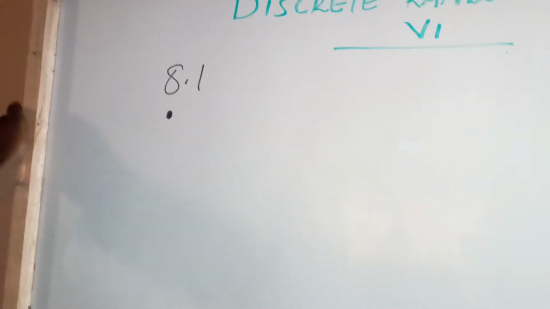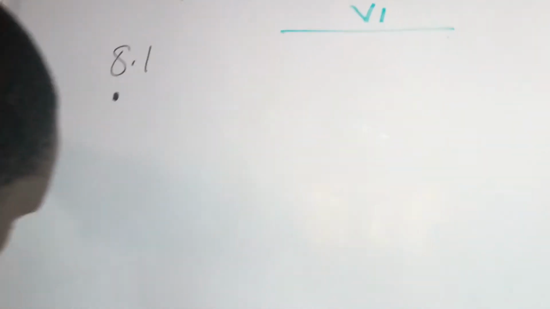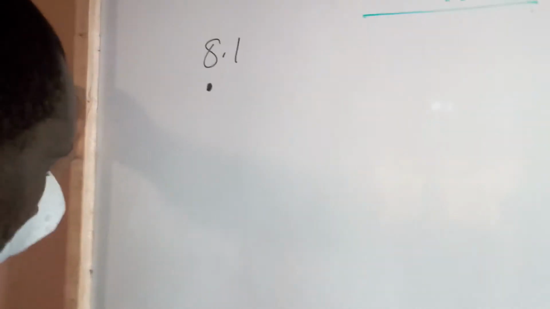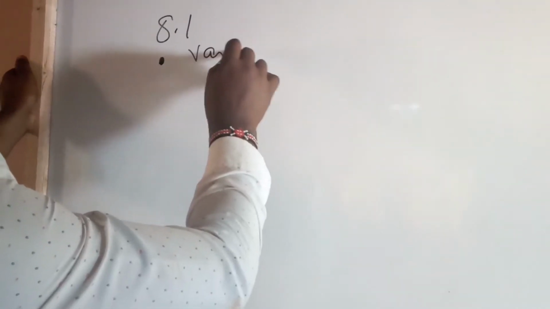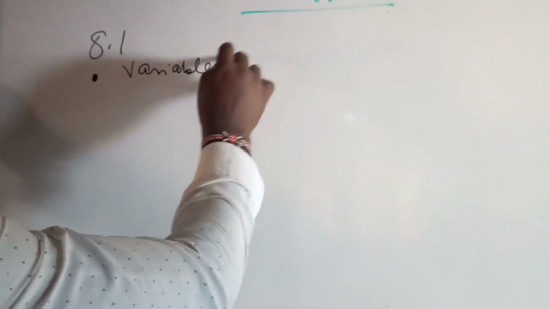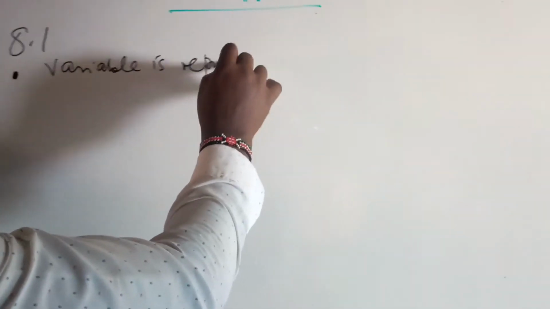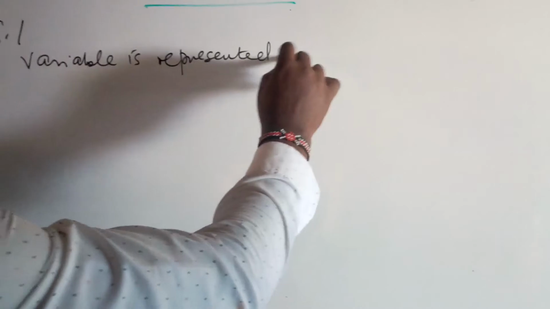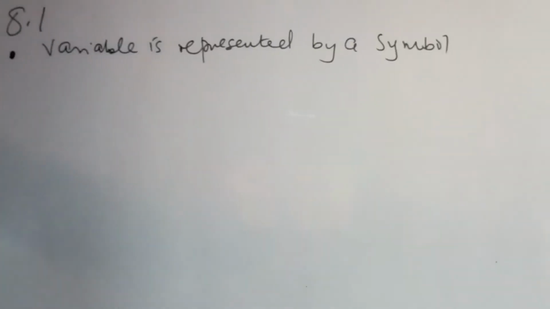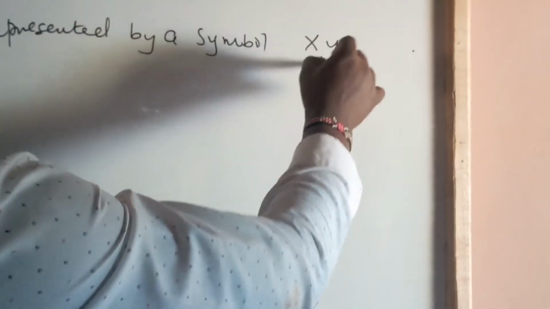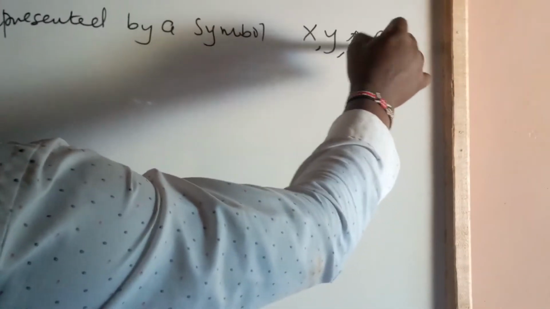The very first statement that you should know is that a variable is always represented by a symbol. This symbol can be X, Y, A, B, it can be anything.